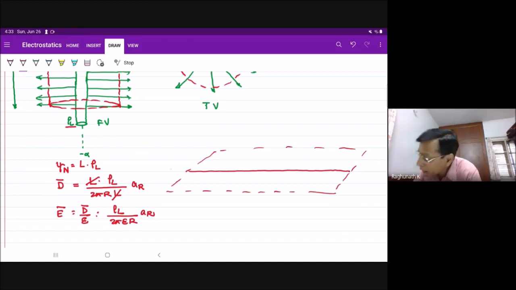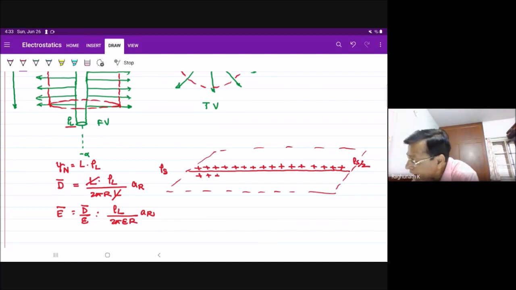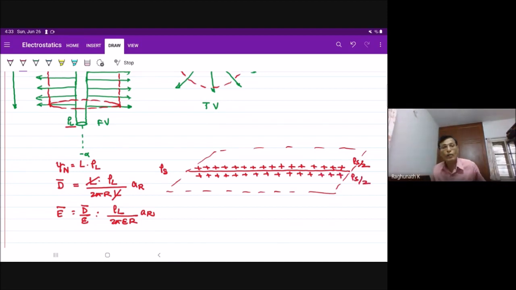If it has rho s as the charge density, assuming positive charge only, the charge per unit area on the top surface is rho s by 2. Charge per unit area on the bottom surface, on one surface and the other surface, is rho s by 2. It is distributed. Charge per unit area on each side of the surface plane is rho s by 2.